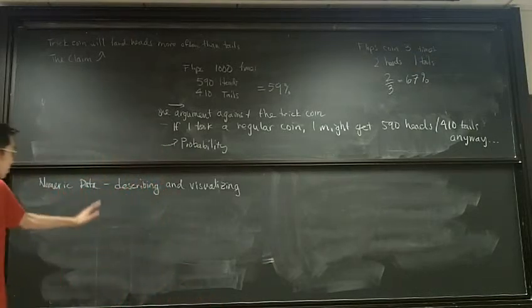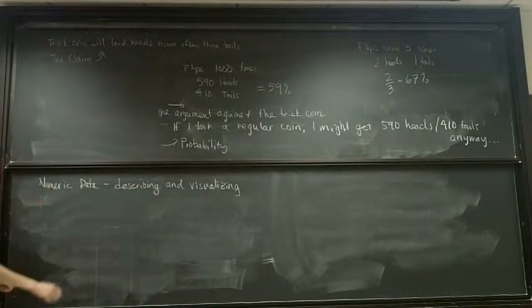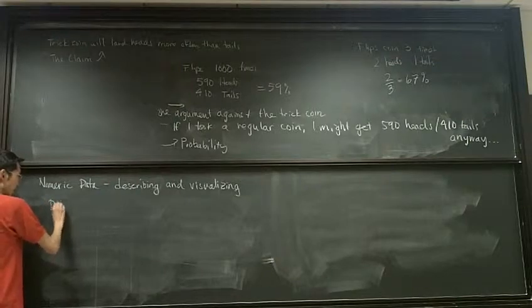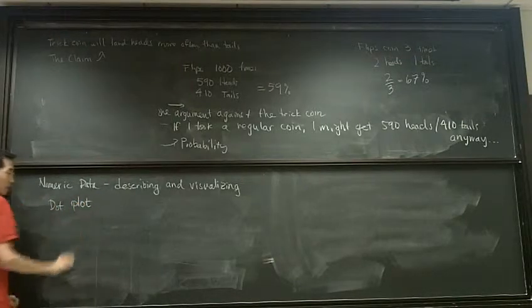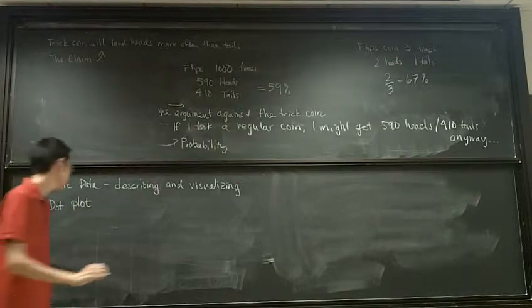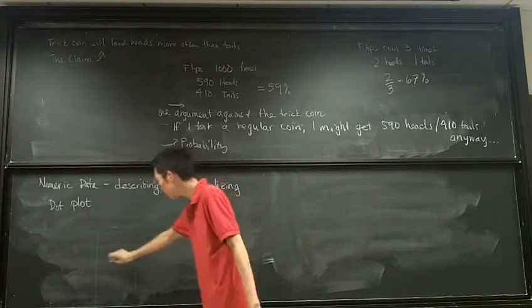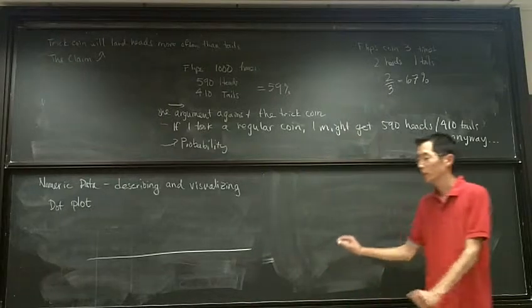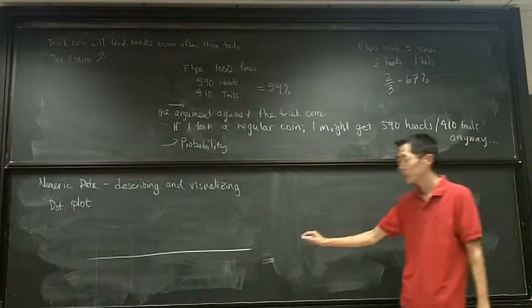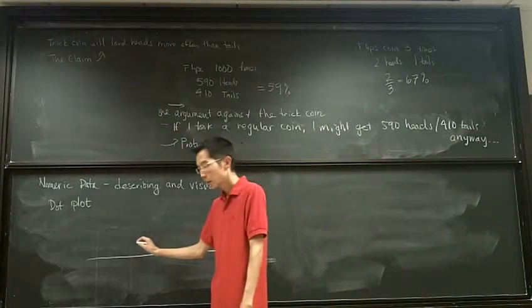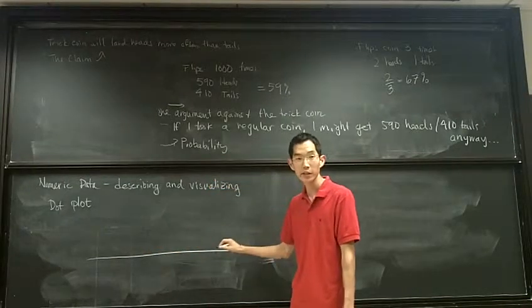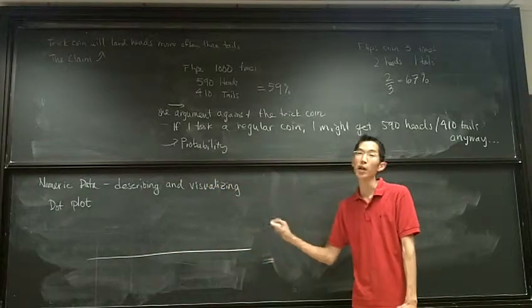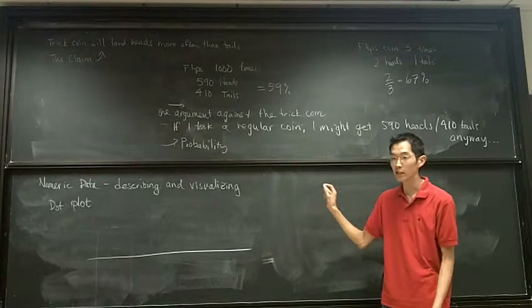Okay. So describing and visualizing numeric data. Okay. So one tool is the dot plot. Okay. And with a dot plot, you've got the axis, the horizontal axis, and this will form a scale. And we're going to draw dots for each value that we have.